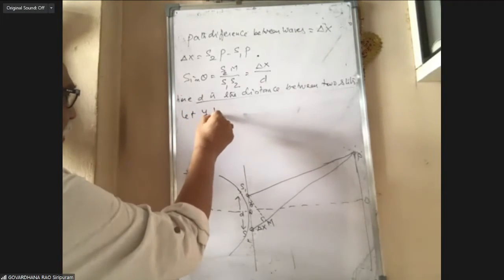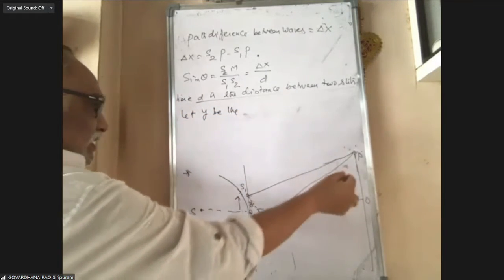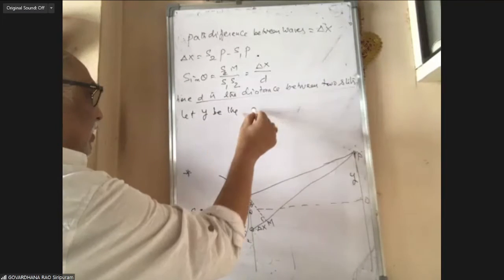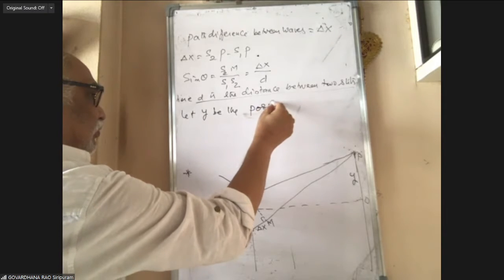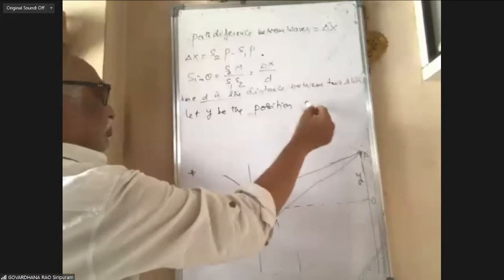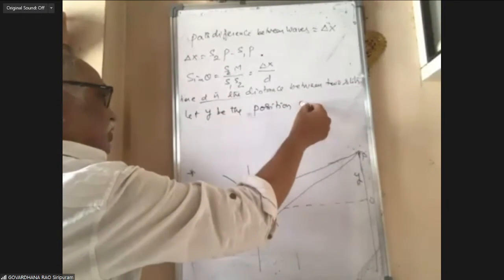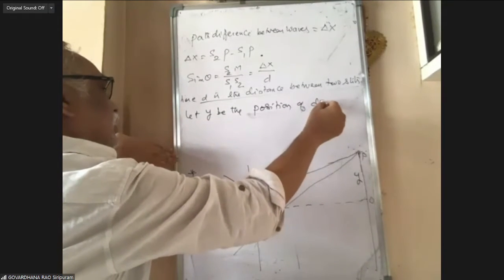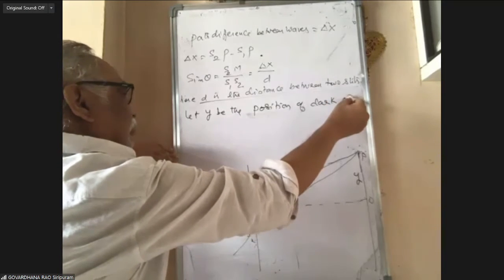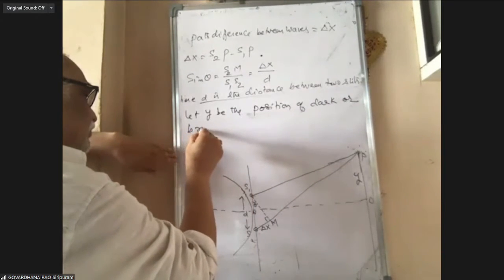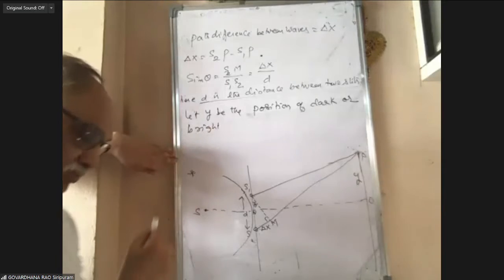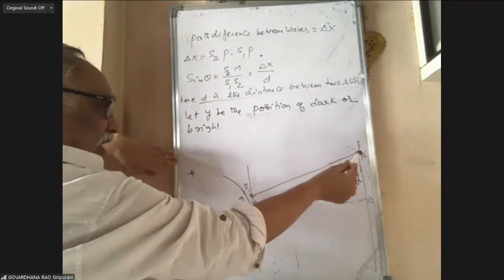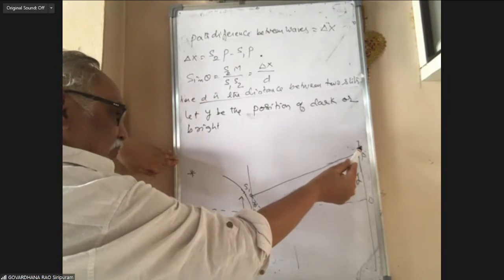Let y be the position of dark or bright fringe. At point P you may have a dark point or a bright point.